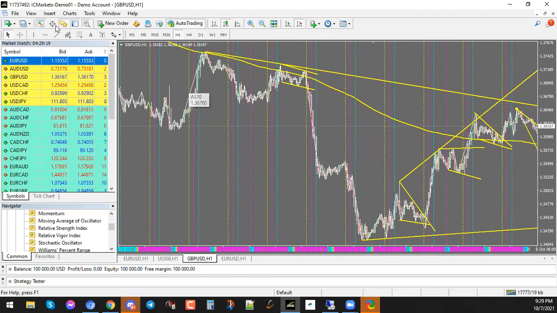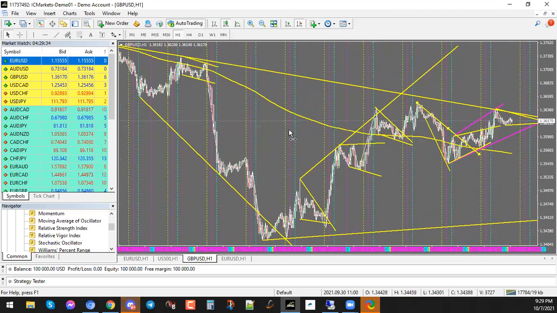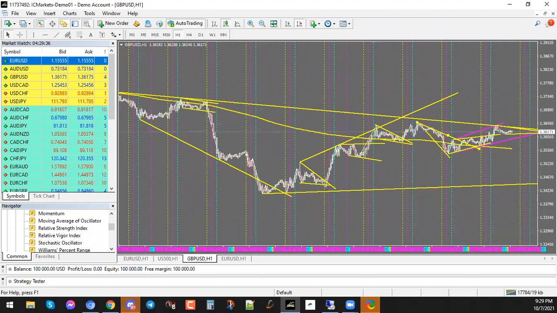Now, this trend, this is our high, this is our low, and we extend this, connecting it to the next swing low. It could look like that. Okay. So this would be more of a major pattern formation, a very, very big pattern formation. And this is what we would expect it to look like.